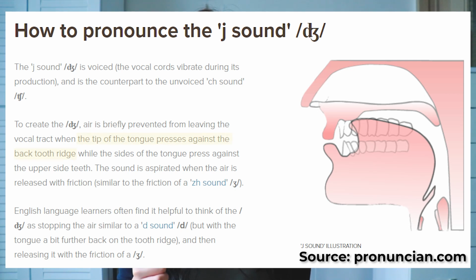This part is where I got the most confused, because when I was looking at different resources for the pronunciation of English affricates, all of them said that it starts off at the alveolar ridge. So it says that the tip of your tongue touches the ridge behind your upper teeth. That's where it starts. But for me, I couldn't relate to that, because when I felt my tongue, the tip of the tongue was touching my lower gums.